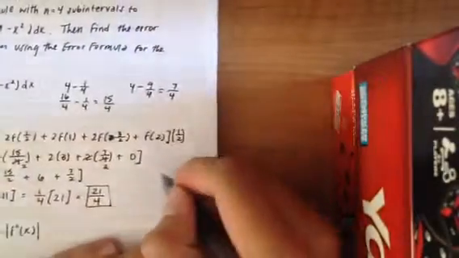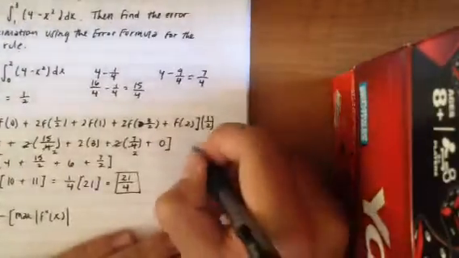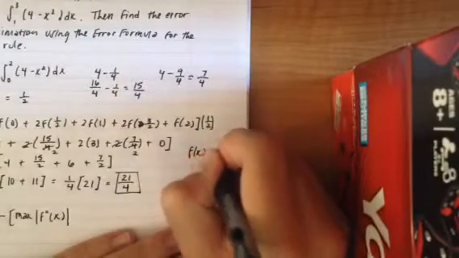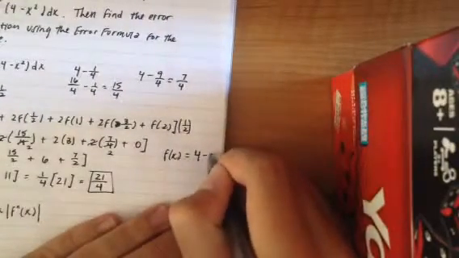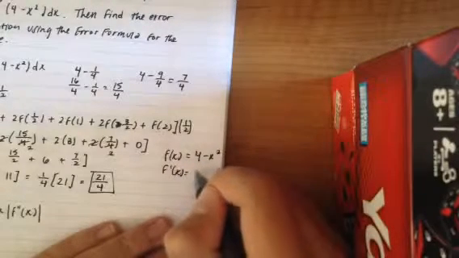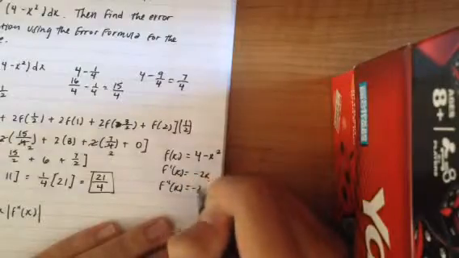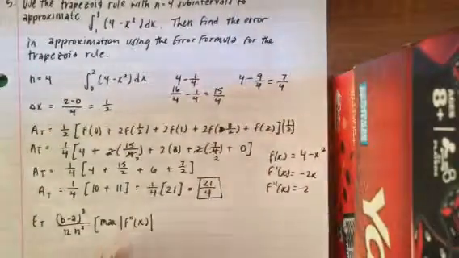So, did we get all that? Just in case that was not seen, there it is. Now f of x is simply 4 minus x squared. F prime of x would be negative 2x. F double prime of x would equal negative 2. I'm going to need that down here.